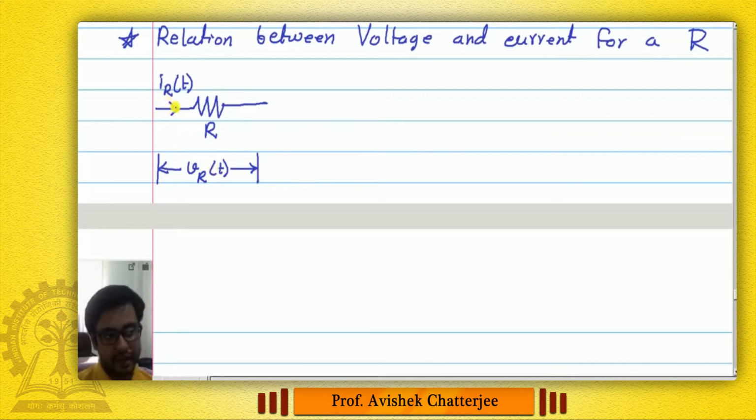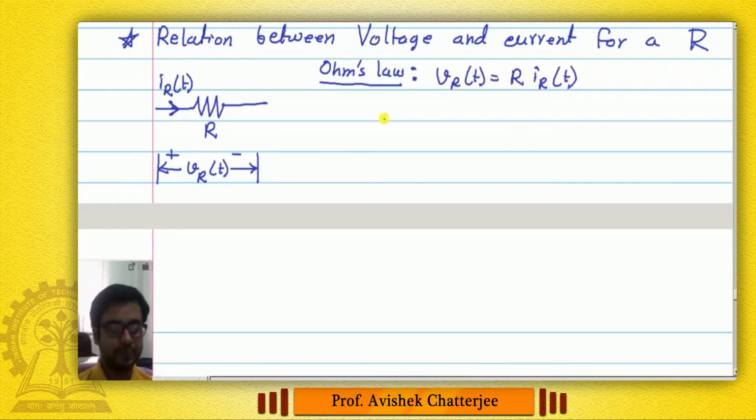I am taking current from left to right and voltage with left side positive, right side negative. Then according to Ohm's law, we can write vR(t) is equal to R multiplied with iR(t).